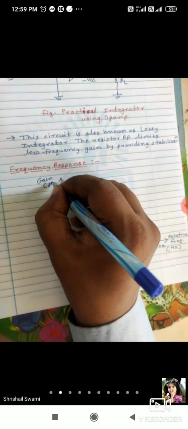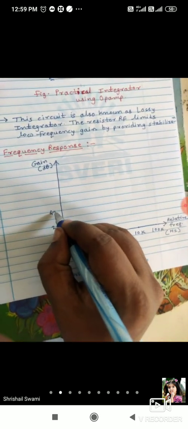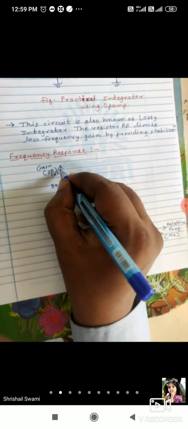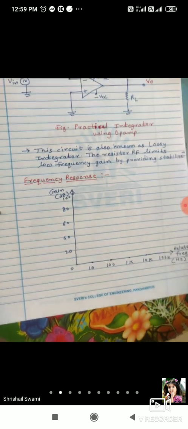Now on the y-axis, that is the gain in terms of decibel. So this will be 20, 40, 60, 80, or 100 somewhere here. Now the frequency response graph will be like this.